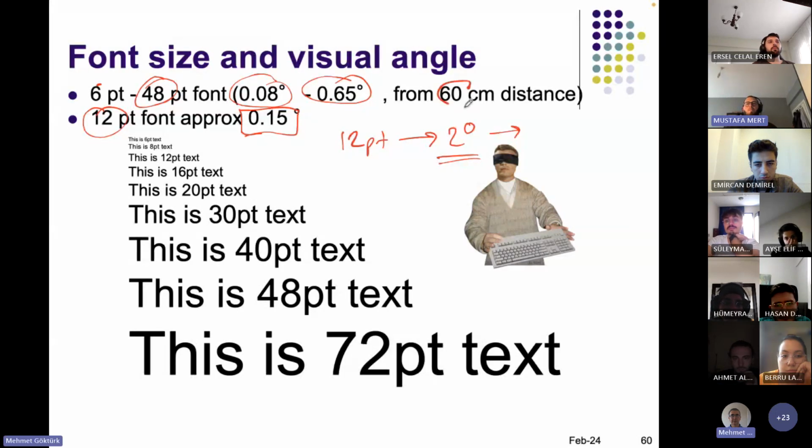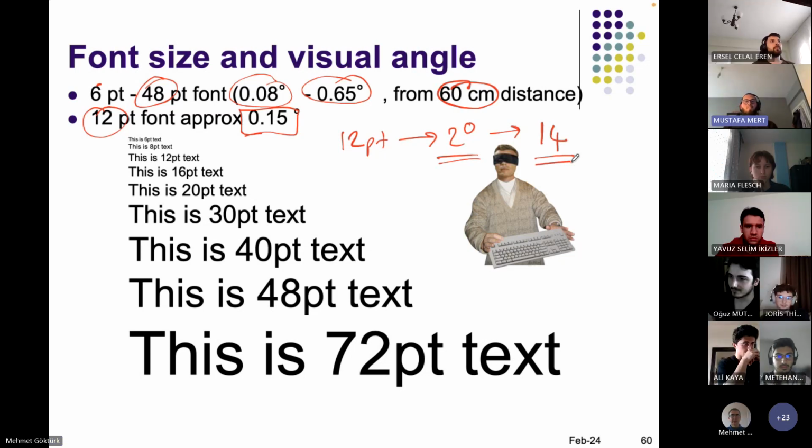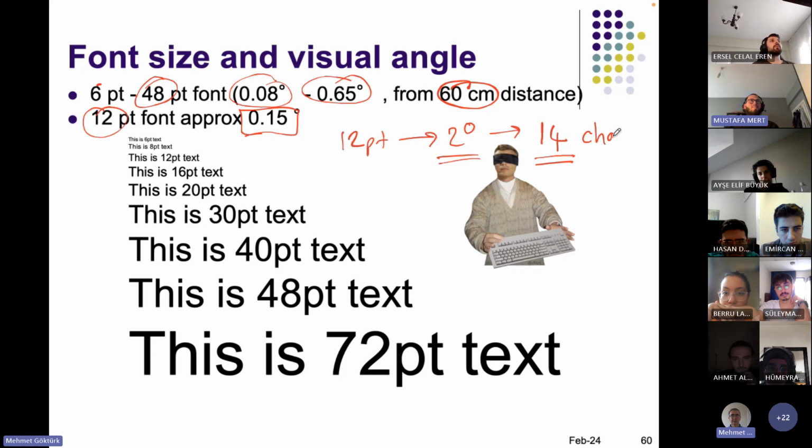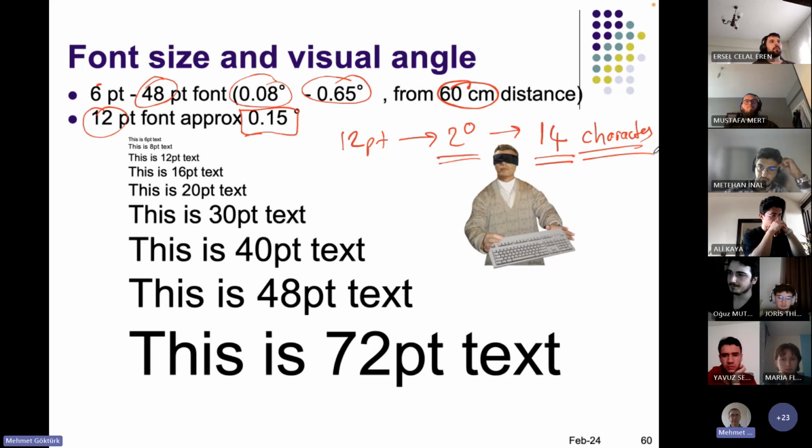Well, from examples, 60 centimeters. I don't know actually. Do I need to calculate? Let me do it. 14 characters. So 14 characters I can read without moving my eye at 12 point.